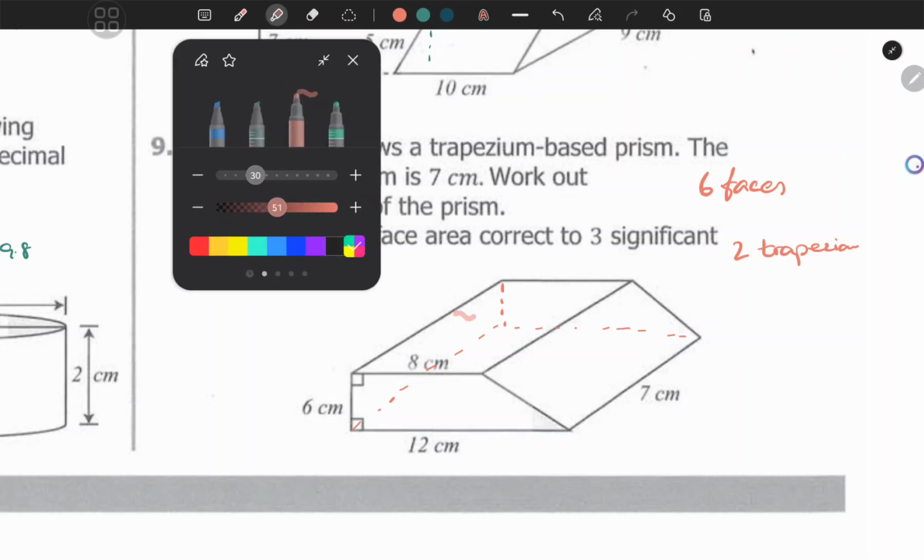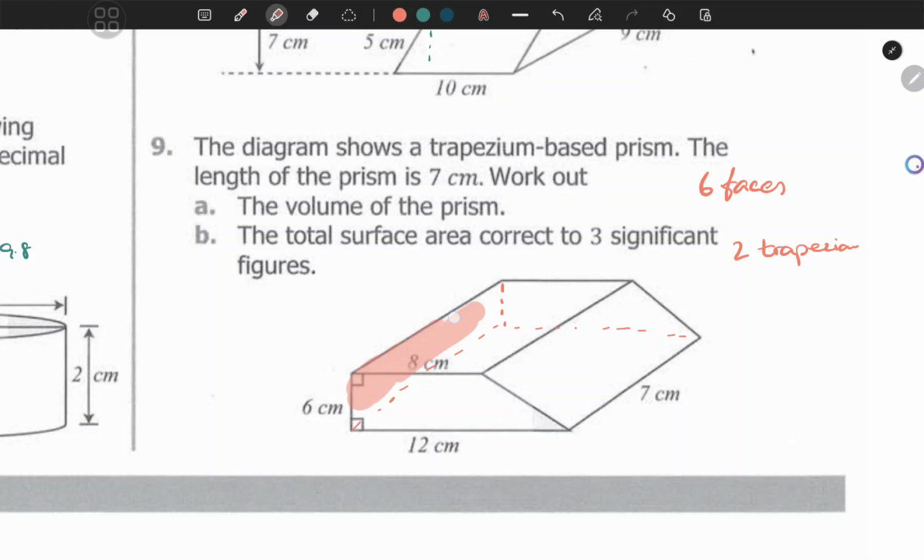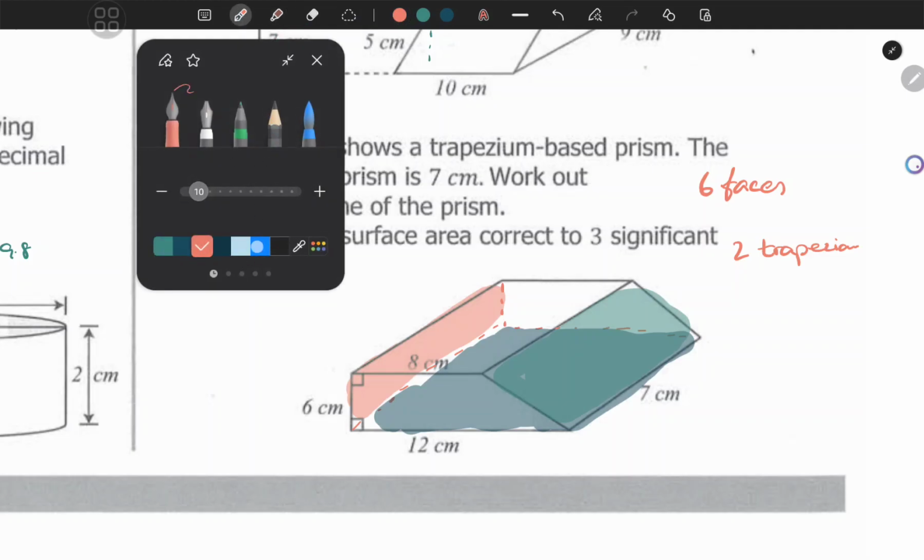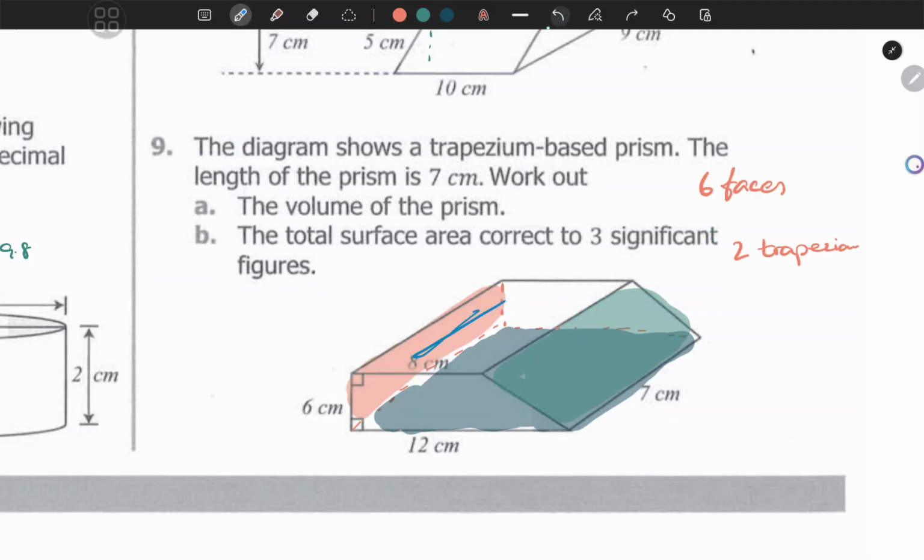We have this rectangle at the back, the rectangle at the base, the rectangle which is the front, and the rectangle which is the top.